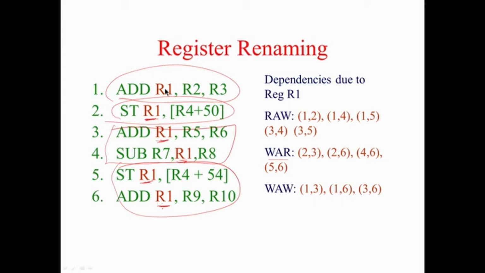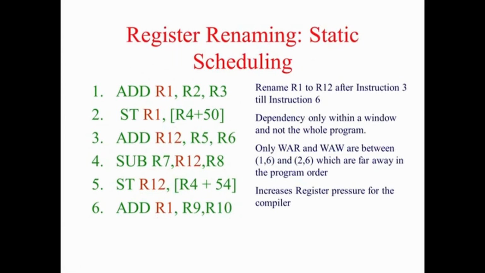So the life of R1 starts at 1 and stops at 3. The life of R1 again starts at 3 and ends at 5, because at 6 somebody is again writing into R1. So for the other avatars of R1, the other lives of R1, I will replace it with some other register. For example, these R1s I replace with R12.